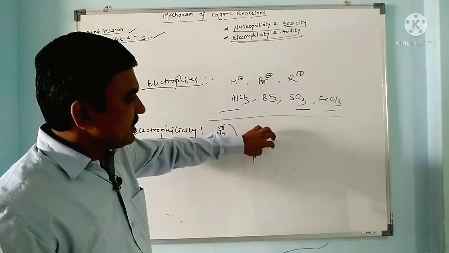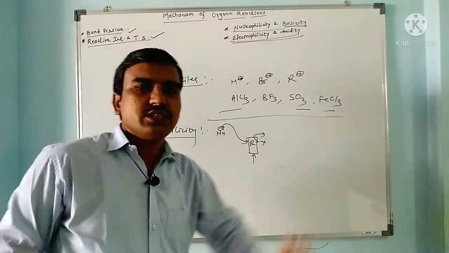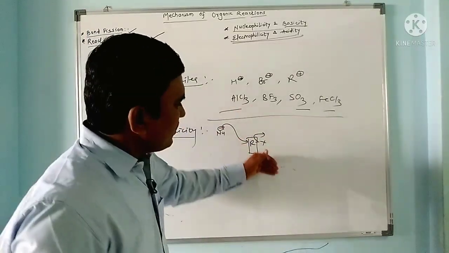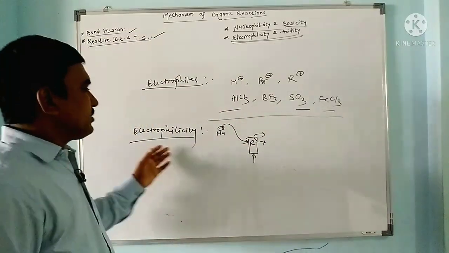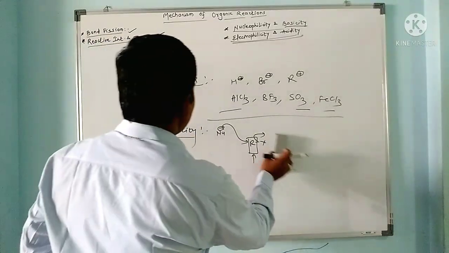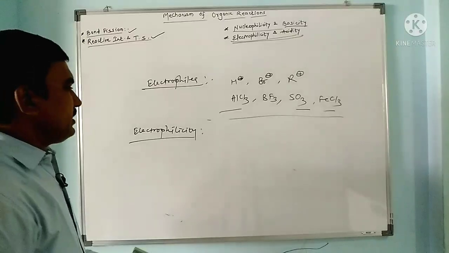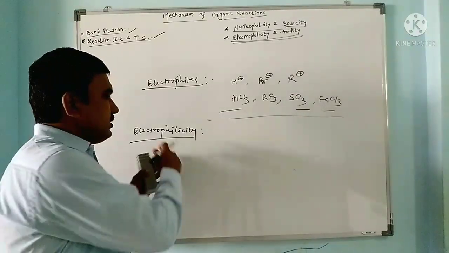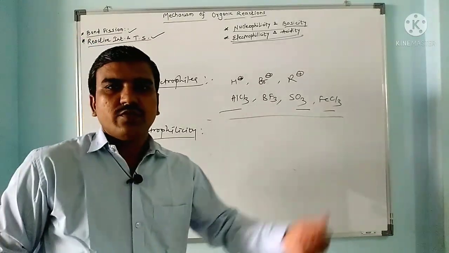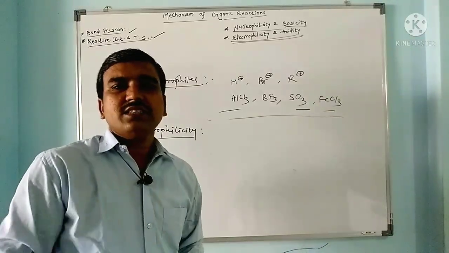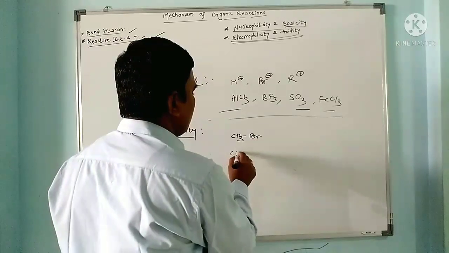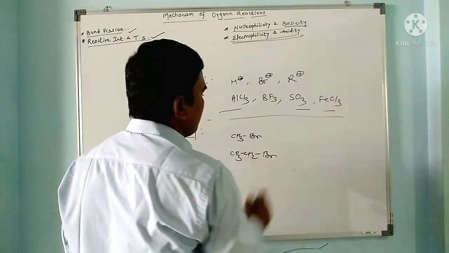So it basically depends on this X. If this X accepts electrons inductively from this R, R becomes electron deficient, so it can easily accept electrons from the nucleophile. So electrophilicity is the ability to accept electrons from nucleophiles. Electrophilicity is also rate dependent. It is also a relative term, meaning we can compare one electrophile with another, for example the electrophilicity of CH3Br with CH3CH2Br.